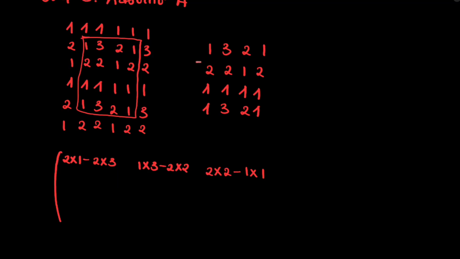Let's take the next. 1 times 2 minus 1 times 2. Take the next. 1 times 2 minus 1 times 1. Take the next again. 1 times 1 minus 1 times 2.